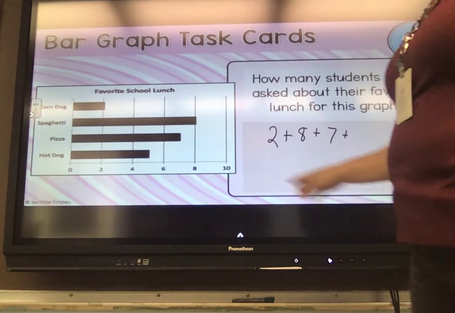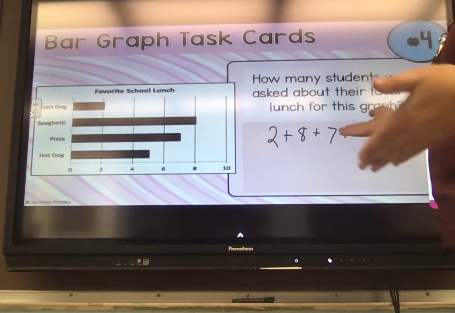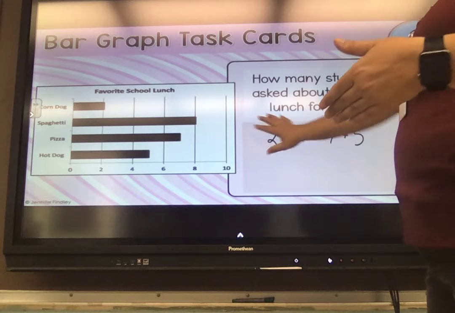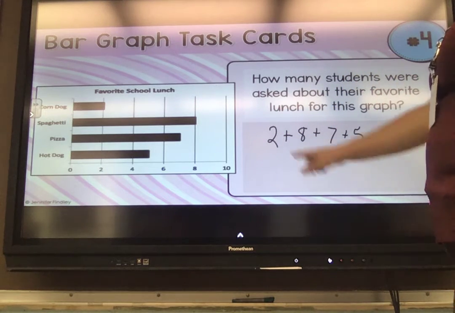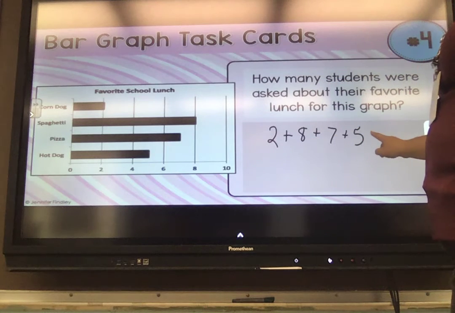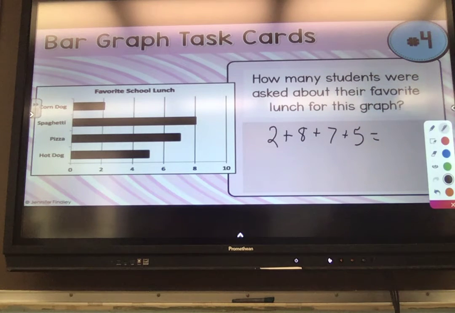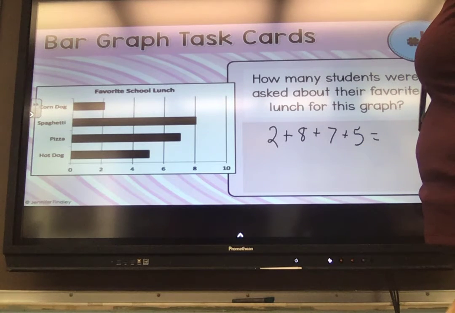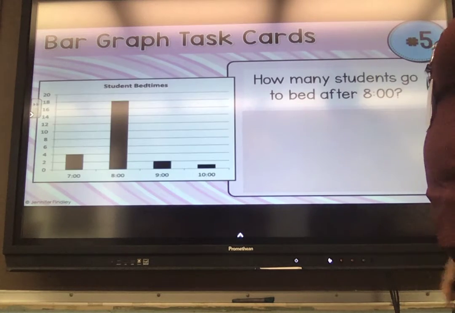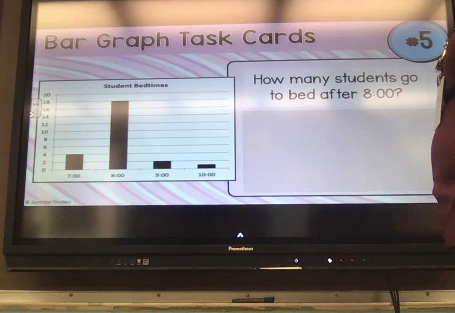And then hot dogs between 4 and 6, so between 4 and 6 would be 5. We want to know everybody that was asked about their favorite lunch, so we need to put all of our data together. So you're going to add all of those numbers up to get your answer. And I'm going to let you do the adding. I just want you to understand what the question is.